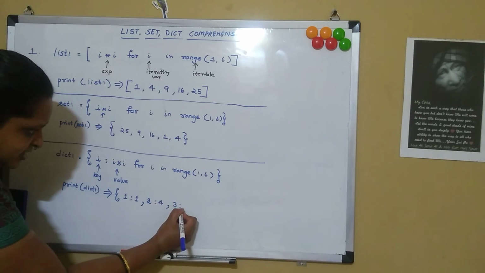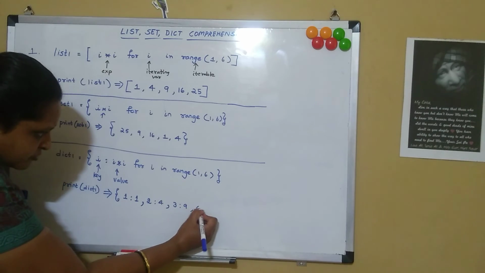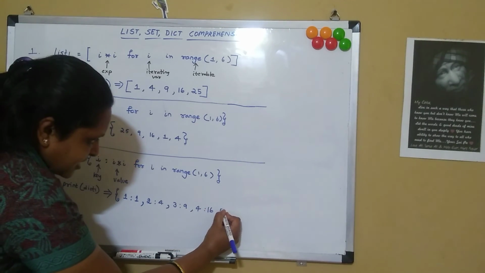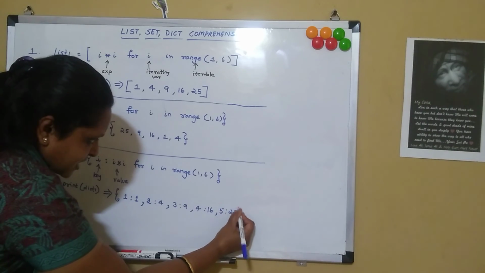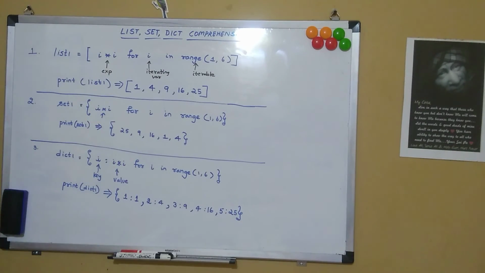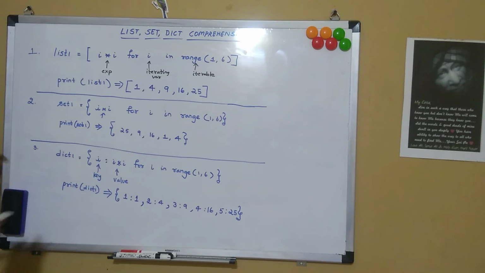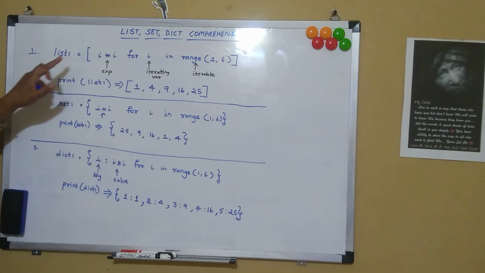Then it takes 3. 3 into 3 is 9. 4. 4 into 4 is 16. And then 5. 5 into 5 is 25. So, a dictionary gets created in this particular manner. The first one is the key and the second is the value. So, we have to give two expressions when we want to create a dictionary. For a set, we give only one expression in curly braces. For a list, we give one expression in square brackets.